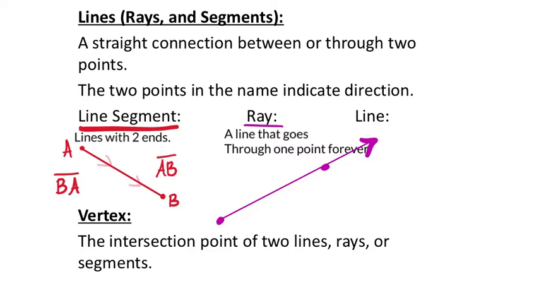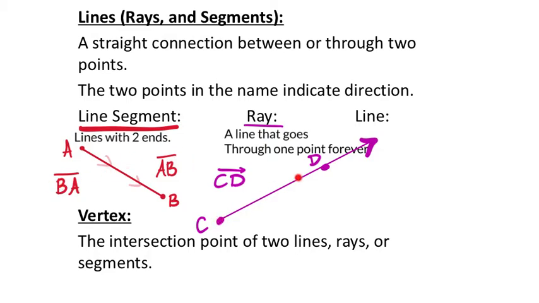Let's put labels on these. I'm going to put different labels, we'll just say C and D. You can use whatever letters you want, but this would be considered ray CD. So we show it this way, CD, and then we would show the arrow this way. The difference between these is that CD now has an arrow, whereas AB and BA did not.